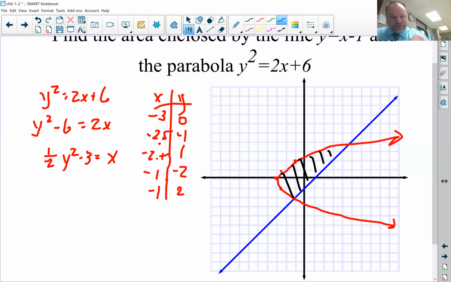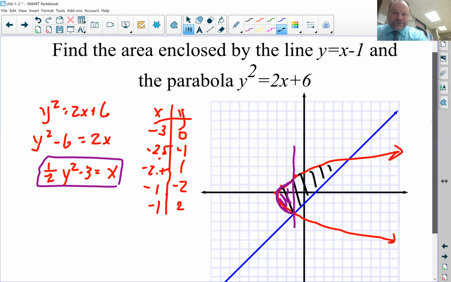I think this is the more difficult way, but you could look at it this way and find this area and then find the other area. Or you could write it as a function of y in terms of x.